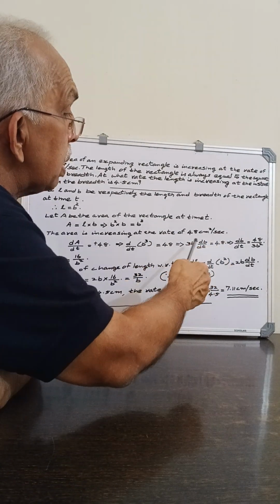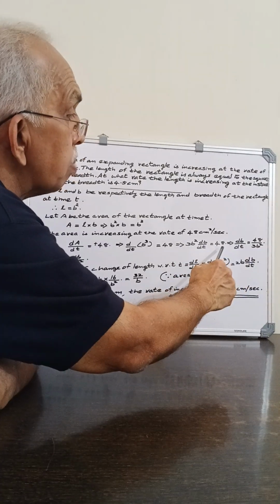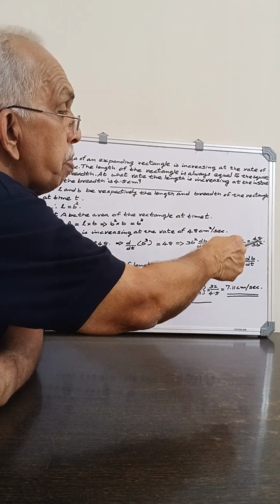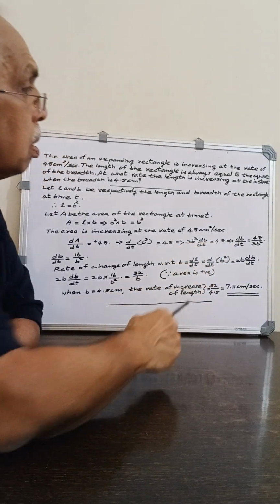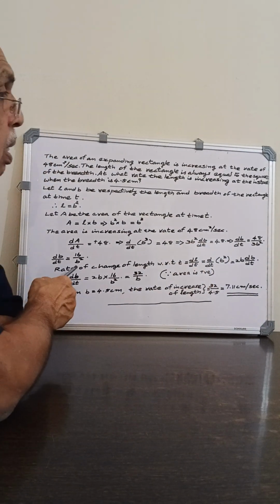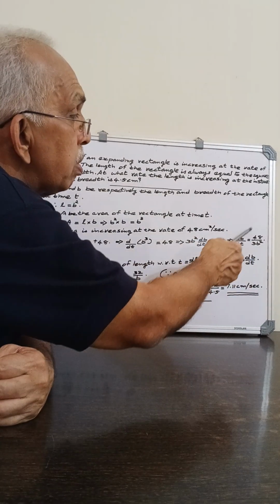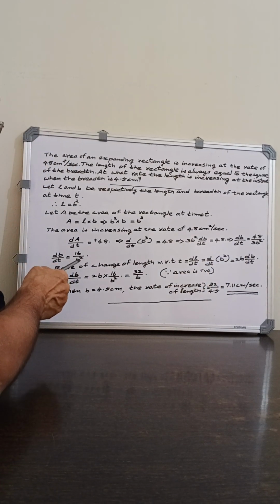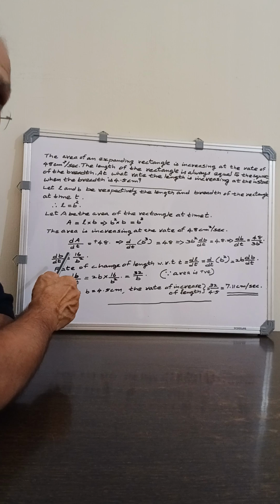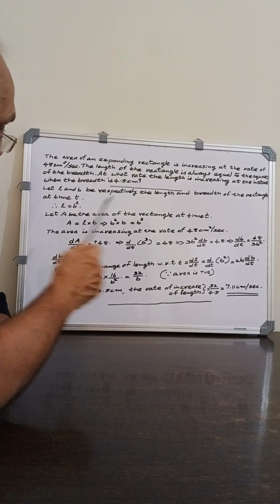Therefore, dB by dt equals 48 by 3B squared. When we simplify this, 48 by 3B squared comes to 16 by B squared, the simplest form of dB by dt.